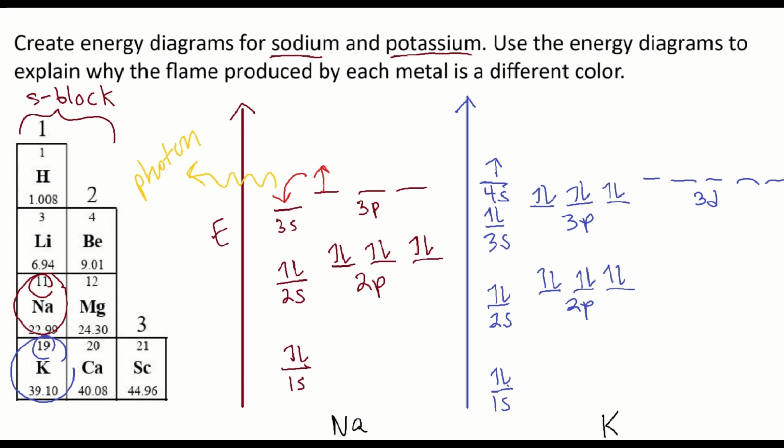Now, you don't have to know the specific electron transition that produces a specific line in an emission spectrum. You just have to explain that the electrons that are transitioning in a sodium atom is different in energy than the electrons transitioning in a potassium atom.